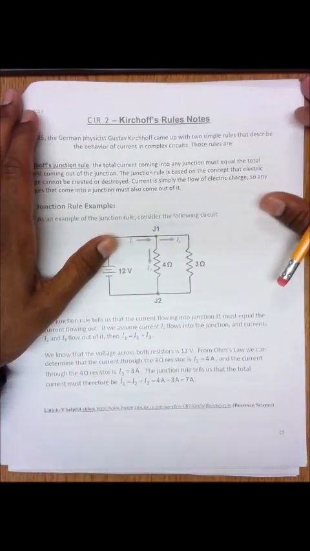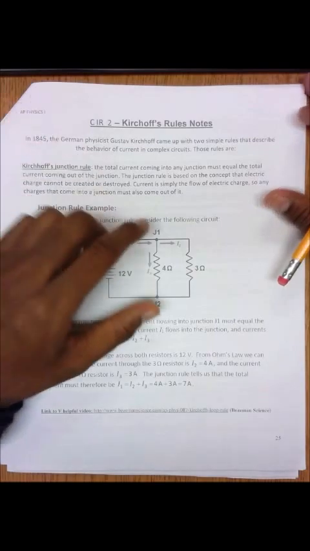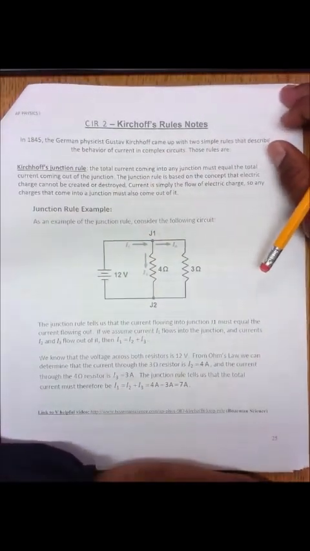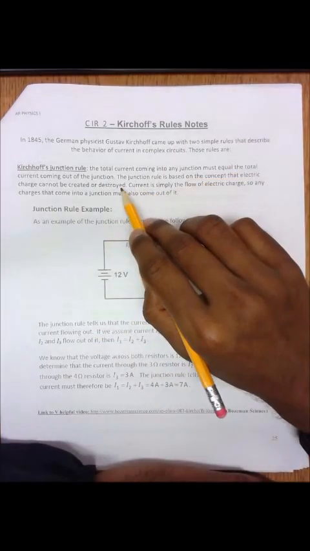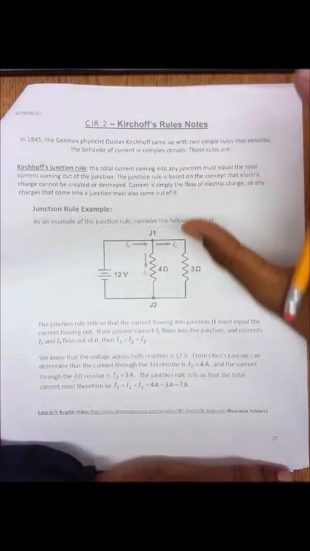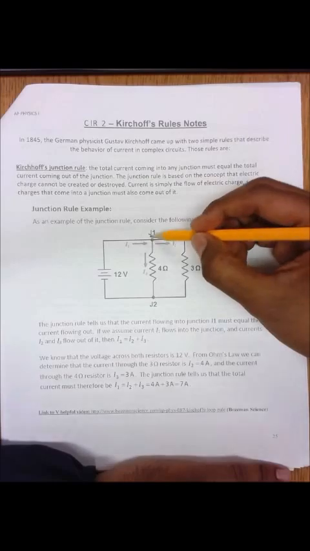Alright, so here are some rules that a German guy named Gustav Kirchhoff came up with. He came up with the junction rule, which is the first rule. As a result of conservation of charge or conservation of energy, conservation laws in general, all of the current that flows into a junction must be conserved. You can see it over here, these are how we represent junctions.